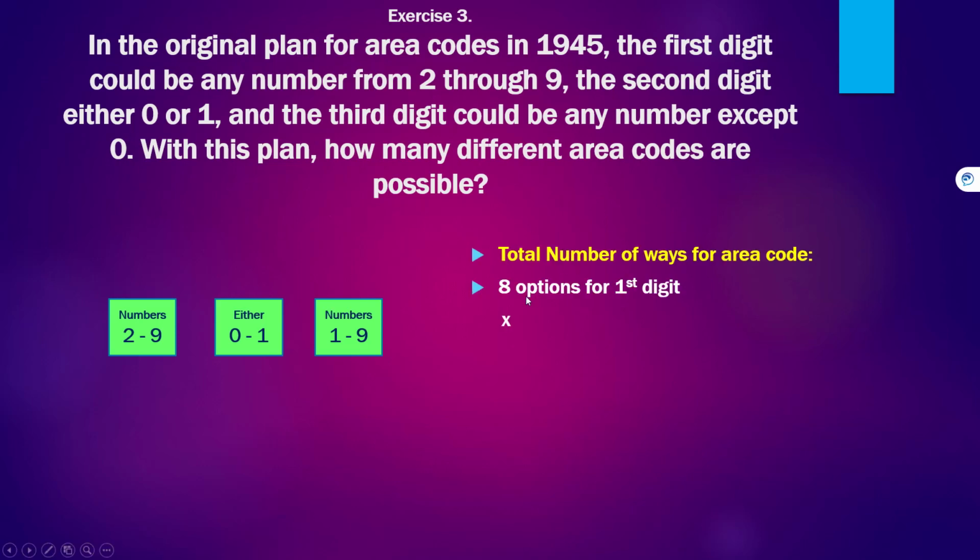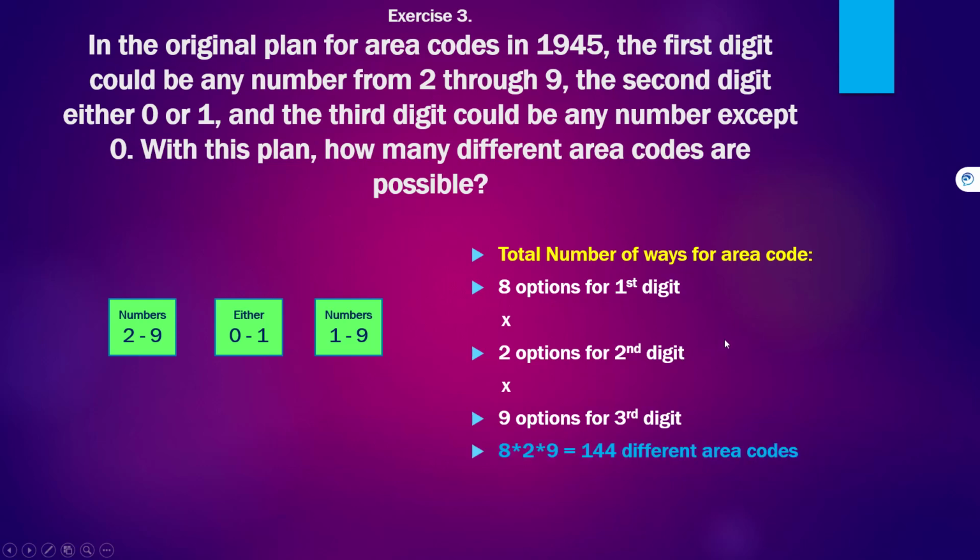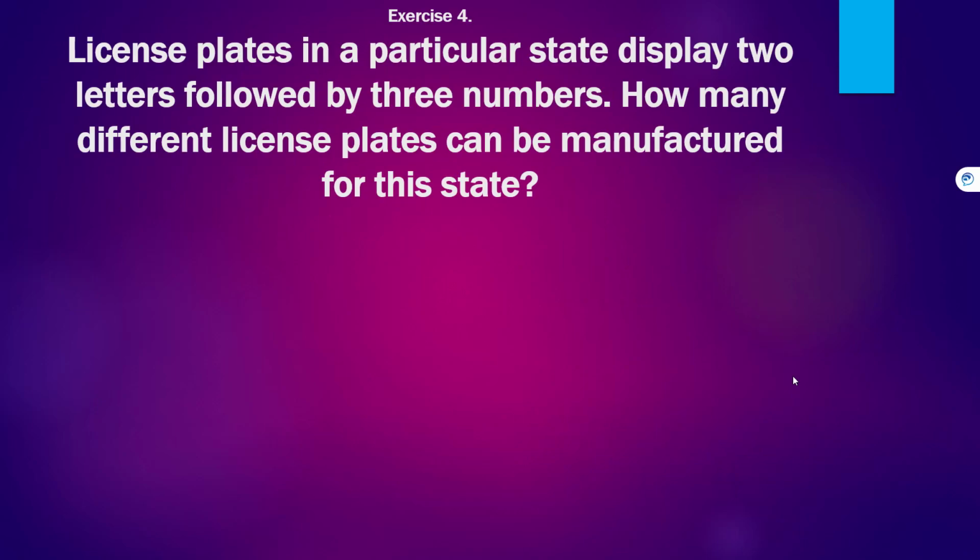So we have 8 options for the first digit because we have the numbers 2 through 9, 2 options for the second, and then 9 options for the third. And when you multiply those, 8 times 2 times 9, we have 144 different area codes.